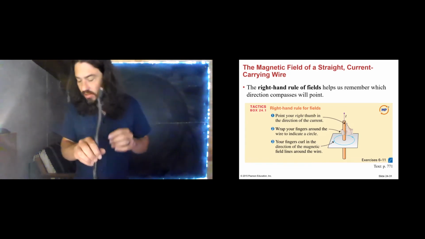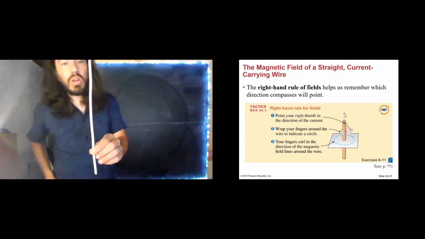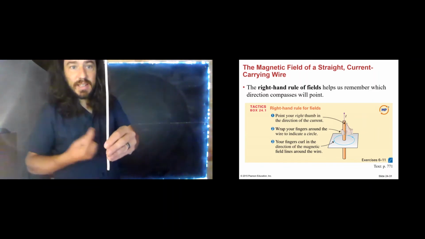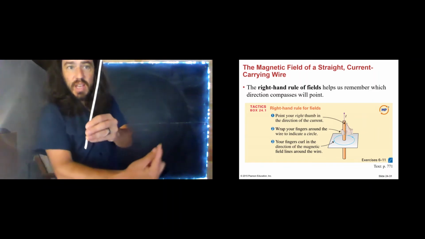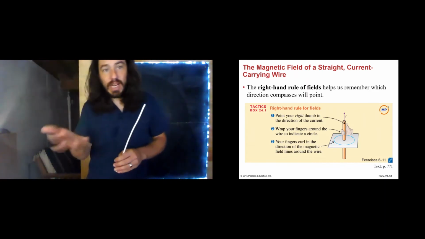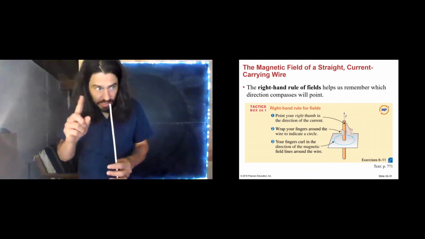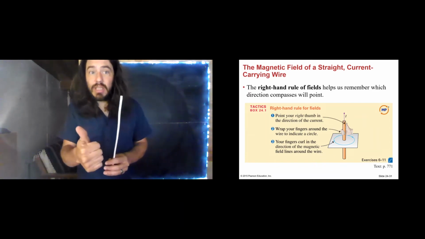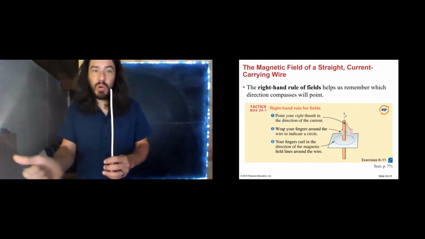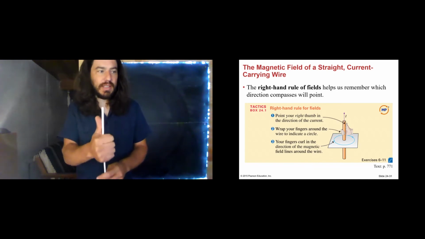You've got a wire. Here is a long, straight wire. And in order to figure out whether our magnetic field wraps around like this or like this, we need to use the right-hand rule. How does that work? Well, take your right hand. That's a hint in the name of it. You take your right hand and you put your thumb in the direction of the current. So in this case, if my wire was carrying a current upwards, I would put my thumb in this direction, in the direction that the current is going.